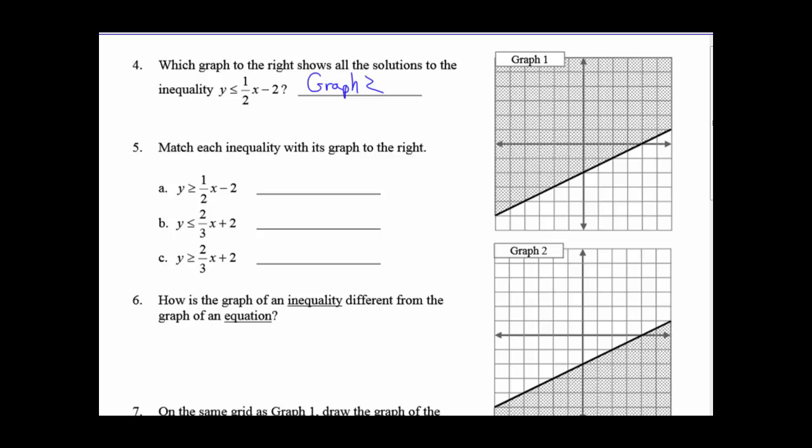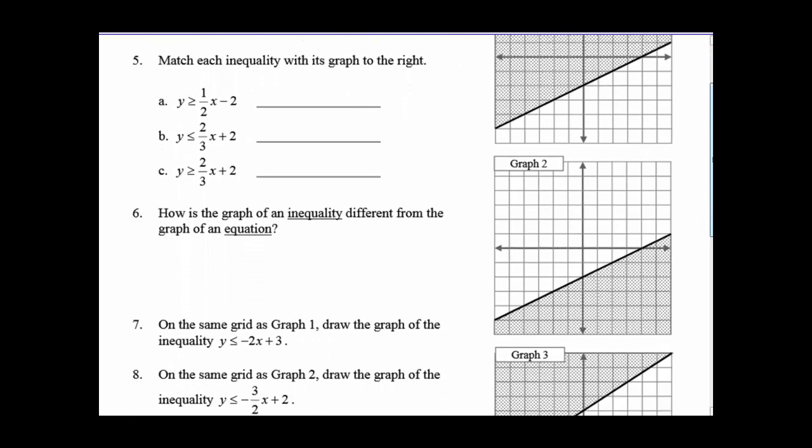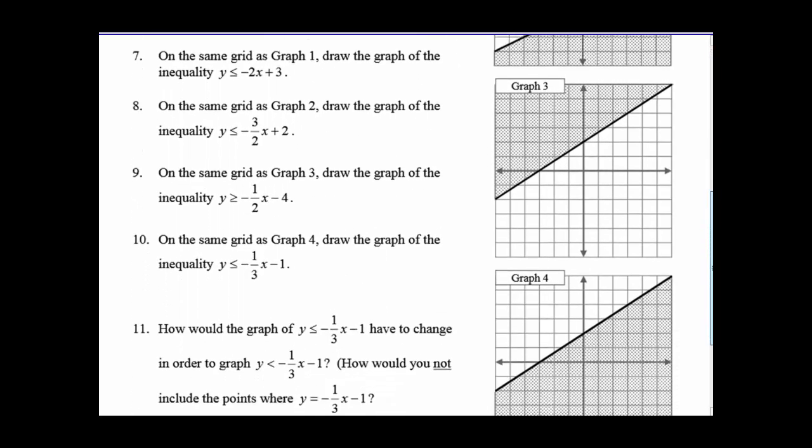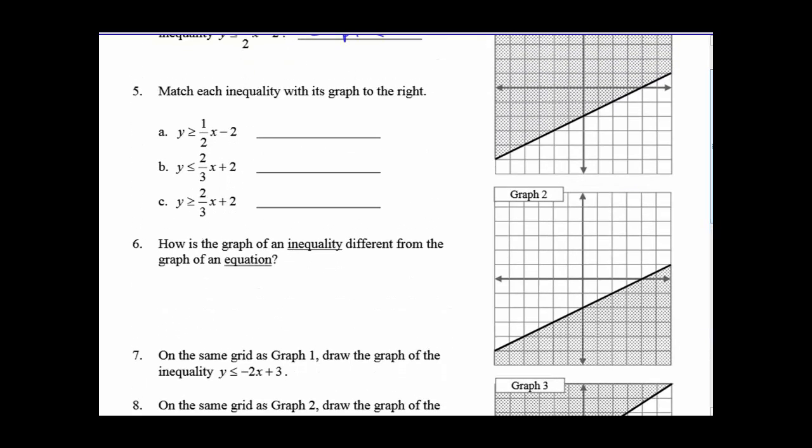So the first one, 5a, we have y is greater than or equal to 1/2 x minus 2. If we look at the 4 graphs, 1, 2, 3, and 4, first thing we need to know is that we have a y-intercept of negative 2. So we're going to look at which line gives us a y-intercept of negative 2.